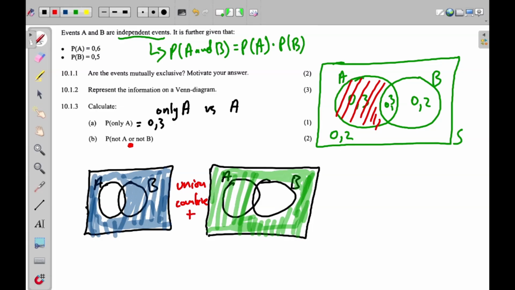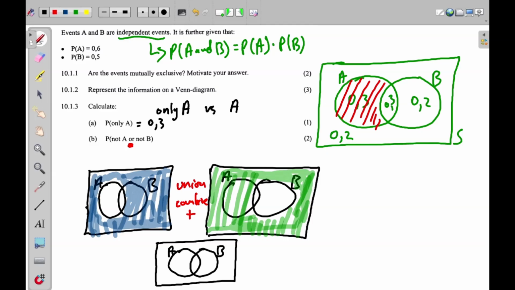So, for us to get our final Venn diagram, we must have an understanding that we are bringing these two colorings together. Nothing must be left out in the two colorings. Now, as we bring these two colorings together, it is very important to note that the only thing that is left out is the intersection.